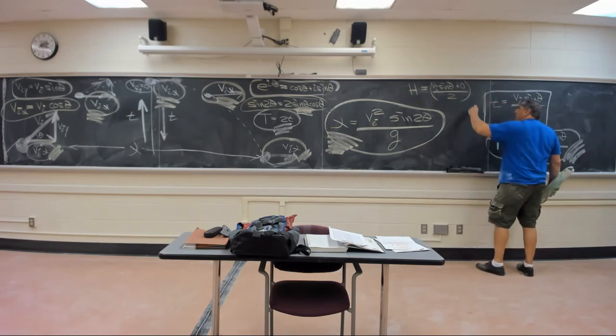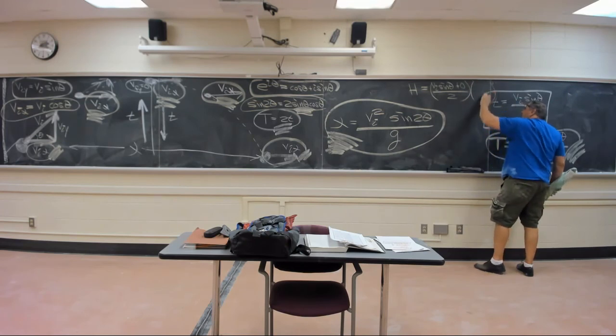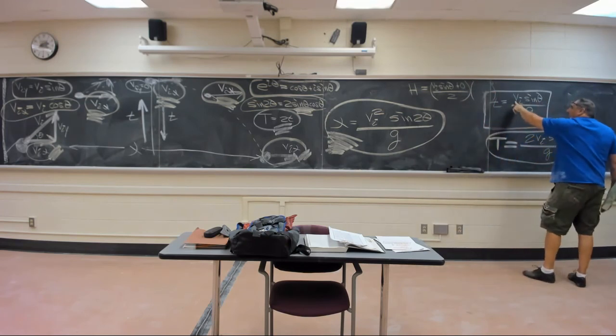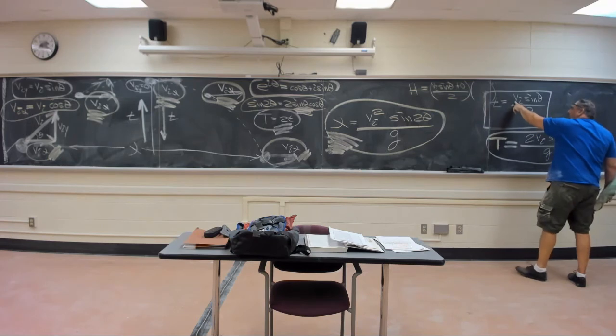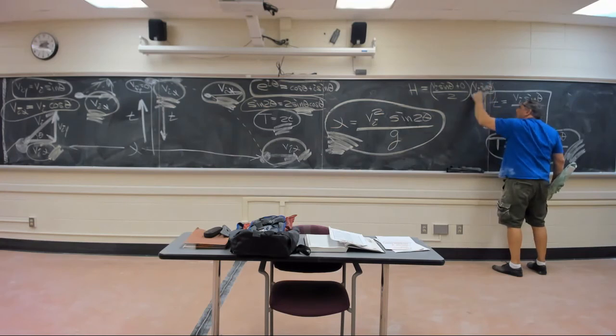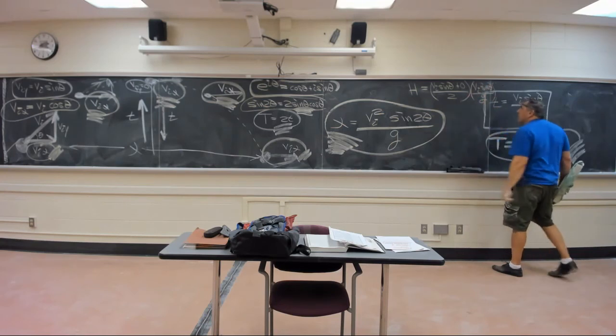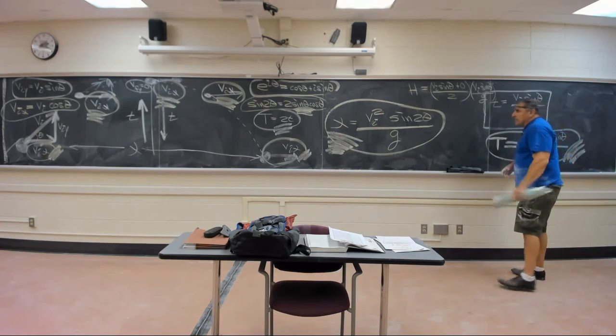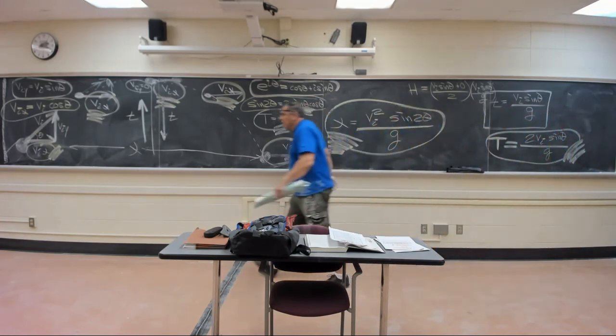Then I'm going to multiply by the time it takes to get halfway up there. That's VI sine theta over g. Is that believable? It is to me.